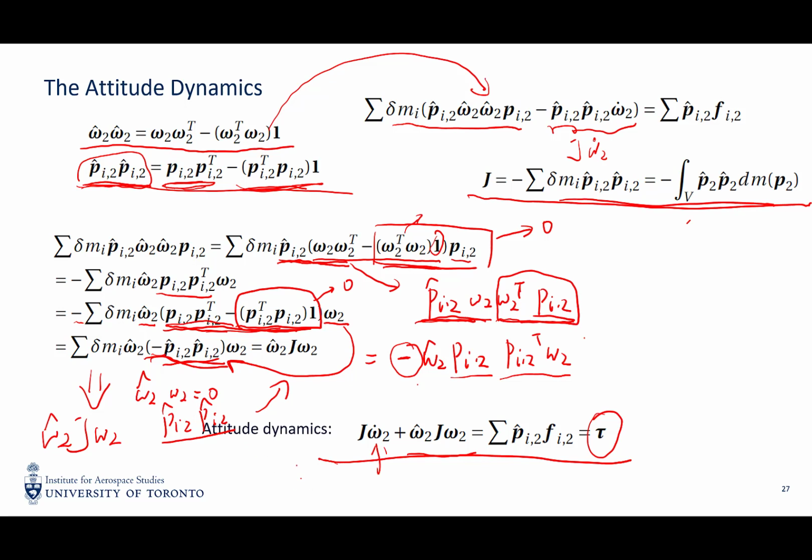So the attitude dynamics is as follows: J times omega 2 dot plus omega 2 hat times J times omega 2 equals tau. So for a quadrotor, if we can design a tau, if we control the tau, then we can control the omega 2 so that we can control the attitude of the system.